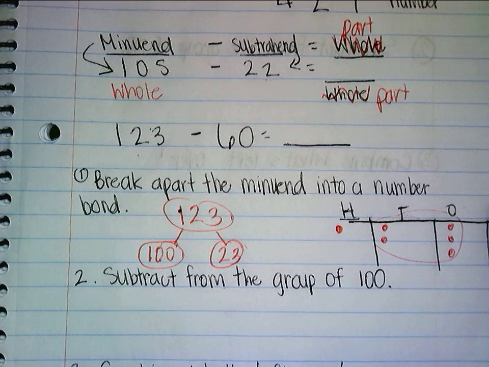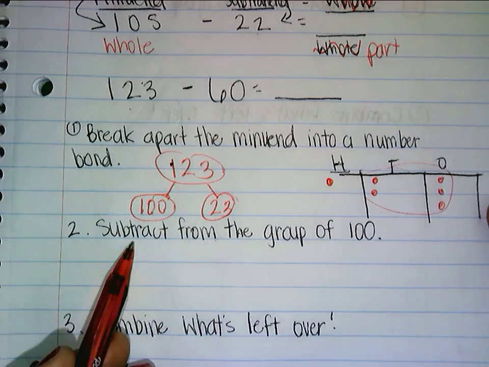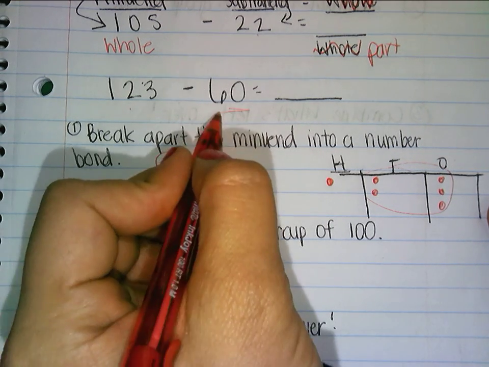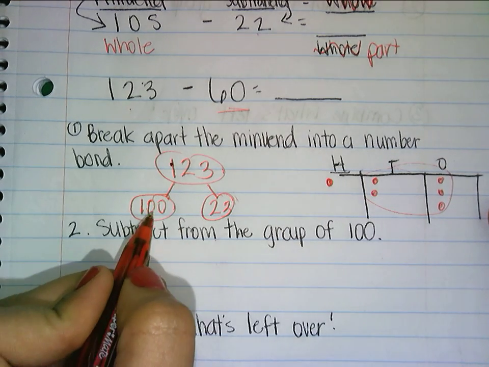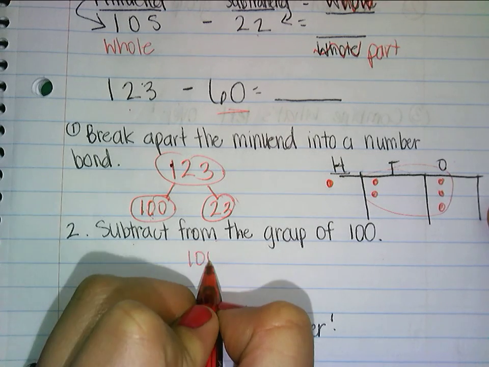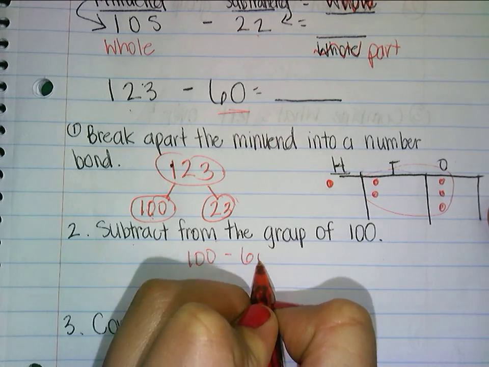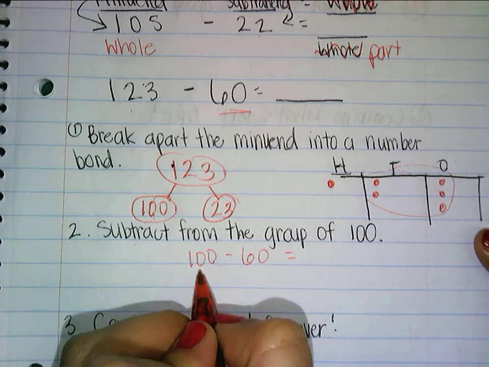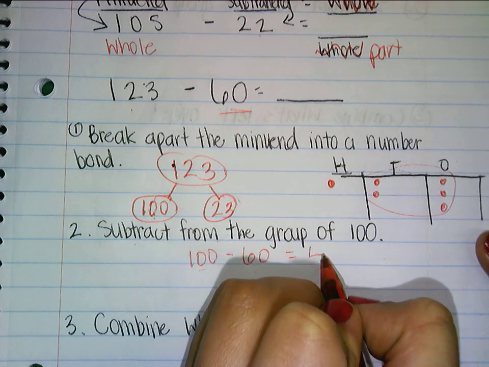Okay? So now, you're going to subtract from the group of 100. So since this is my subtrahend, and this is my group of 100, I'm going to do 100 minus 60. Okay? So, think of it. 100 minus 60, that's 40.